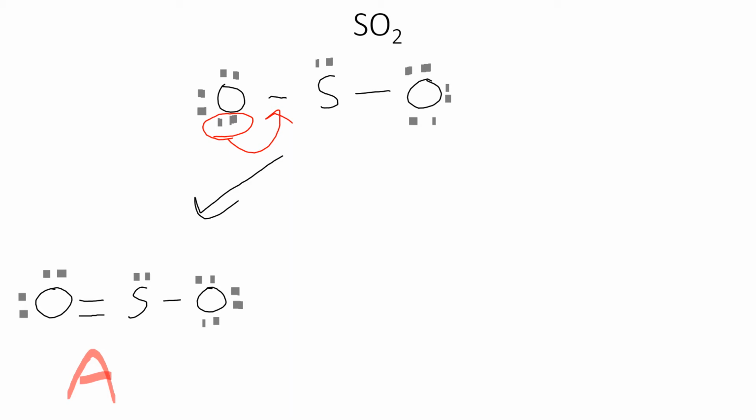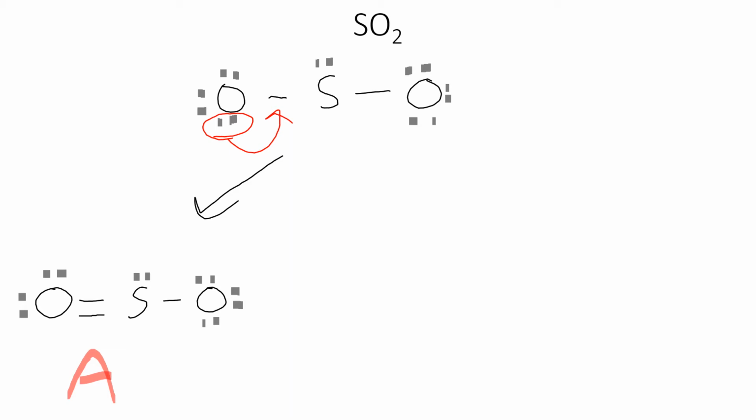This doesn't match the actual reality. If you were to zoom in on a molecule of SO2, you would see that each oxygen is equally spaced around that sulfur. One's not closer to the sulfur than the other. So structure A doesn't do a good job of representing that true physical reality.